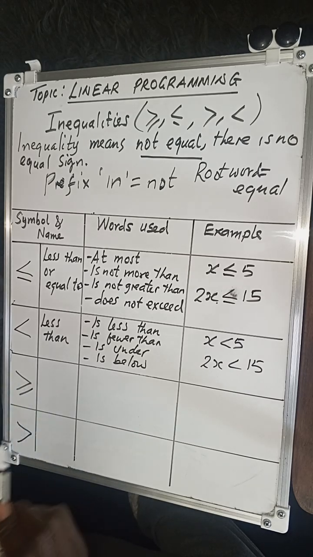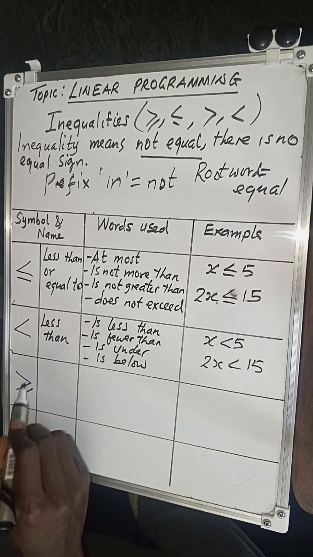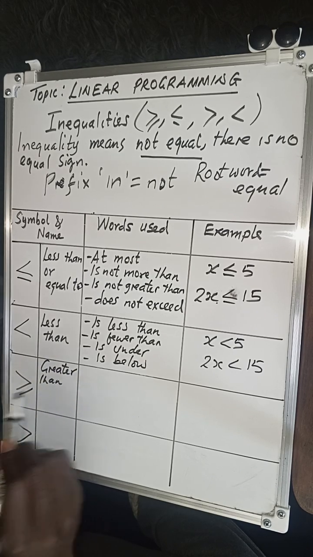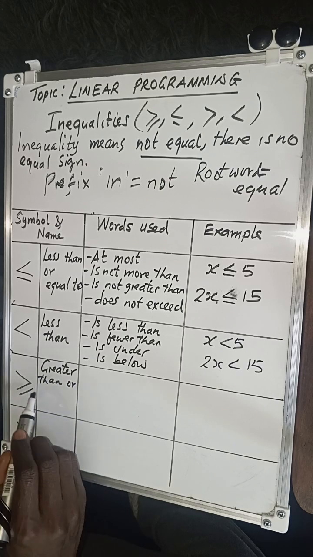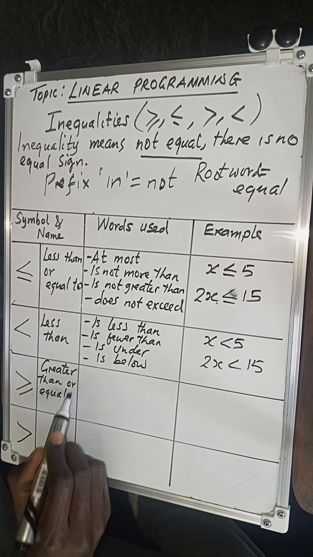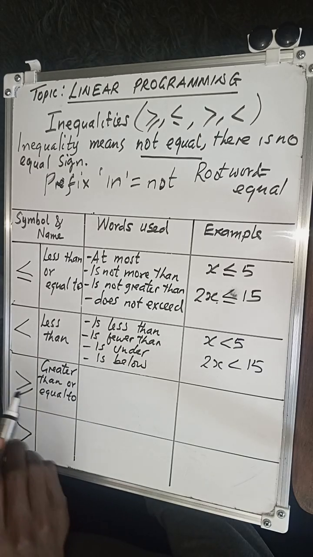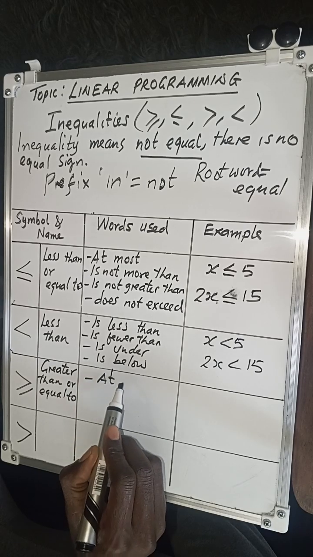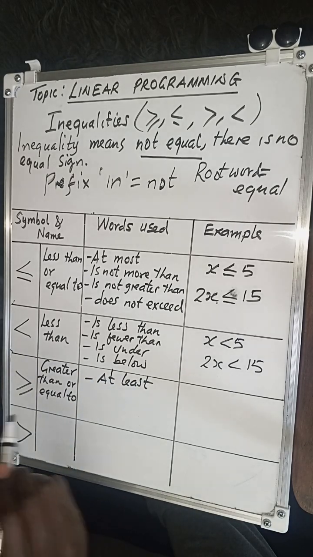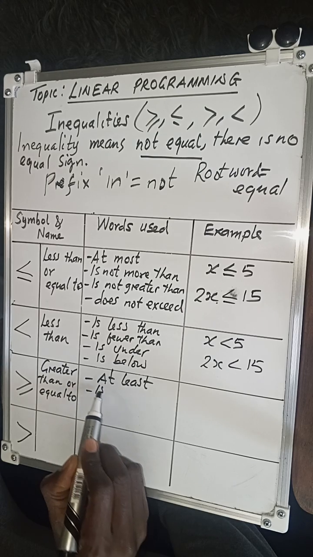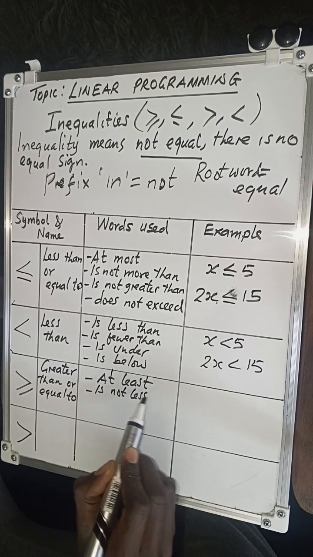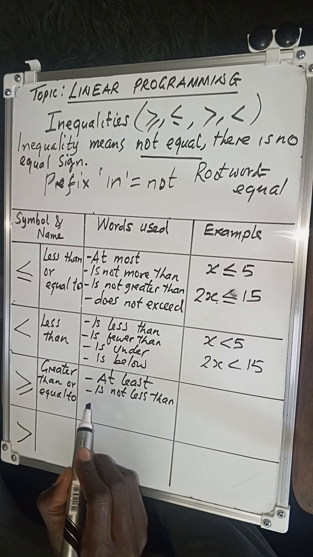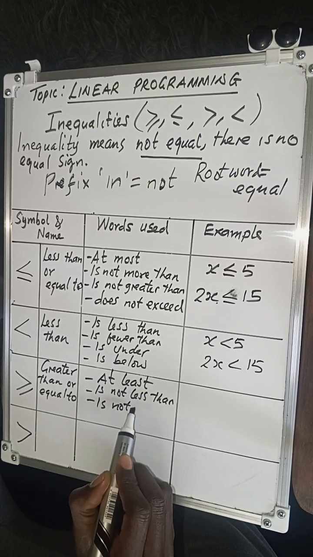Another symbol that we can use is this symbol here. When you see it, it means greater than or equal to. So what terminologies are associated with greater than or equal to? Well, you're going to find terminologies like at least. They can use words like "is not less than", or "is no less than", there's no problem, or "is not under".